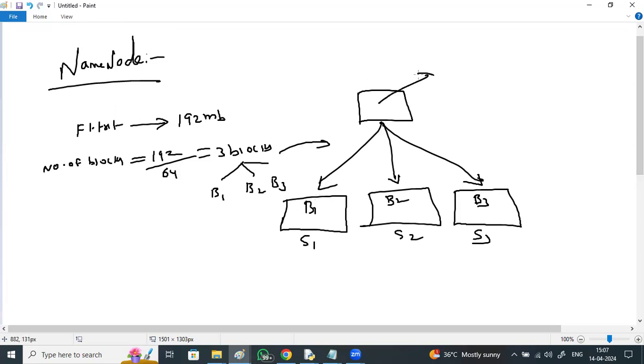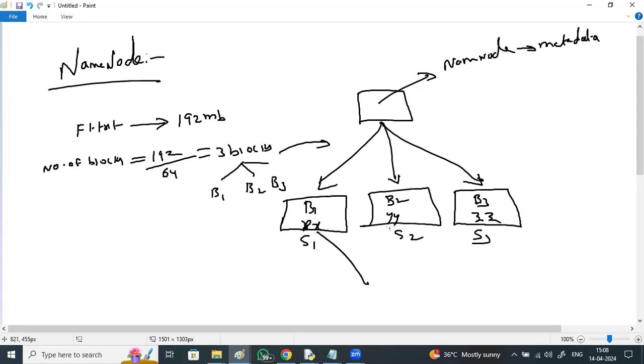This is the master node, and within the master node we have the name node. The name node stores the metadata, data about data. When block B1 is stored in S1, it occupies some memory location, XX. B2 also occupies a memory location.